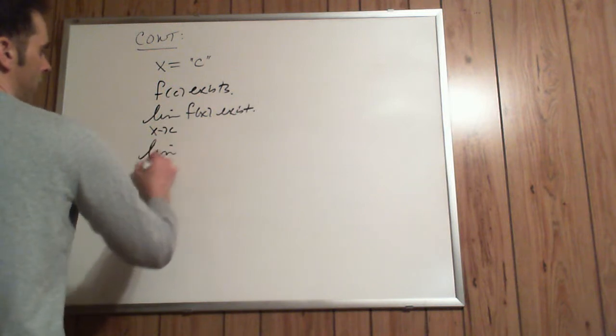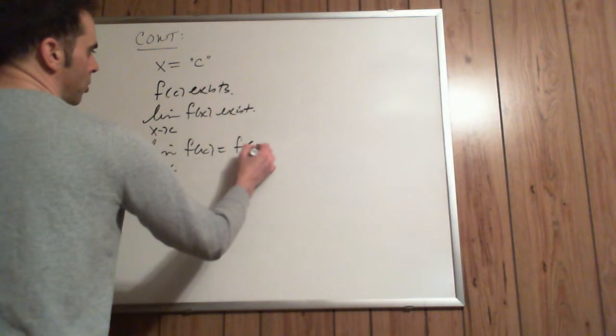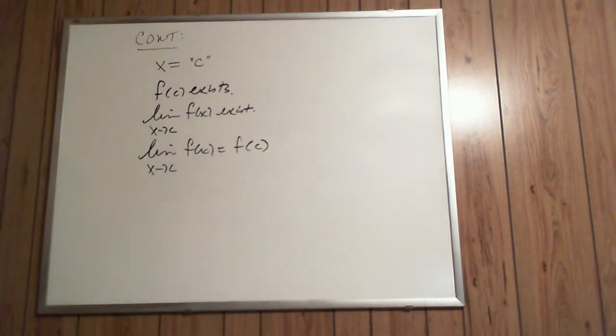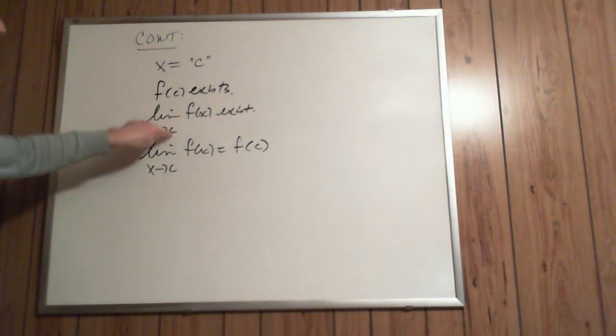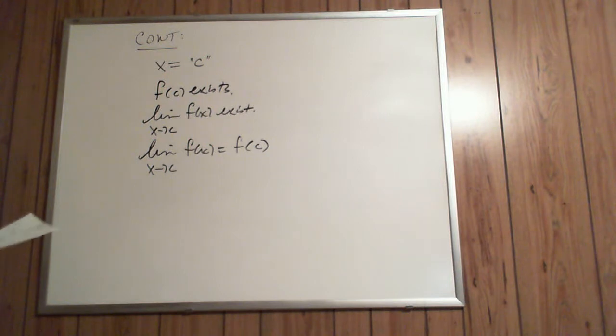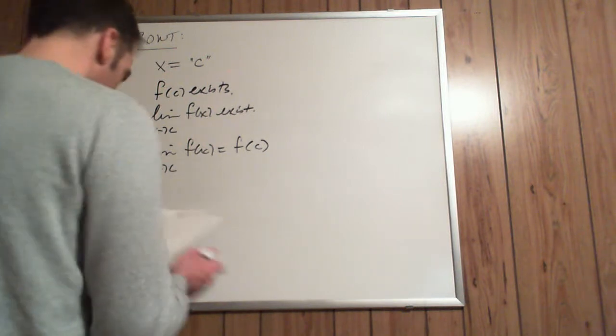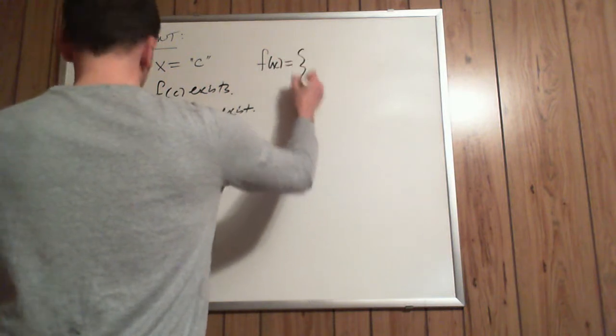And the limit as x approaches c of f of x has to be equal to f of c. 3 things. You have to show that the function value at this number exists, that the limit as x approaches this number exists, and that the limit value equals the function value. Function value, limit value, and they must be equal. So for example, in an application, this is a common multiple choice problem.